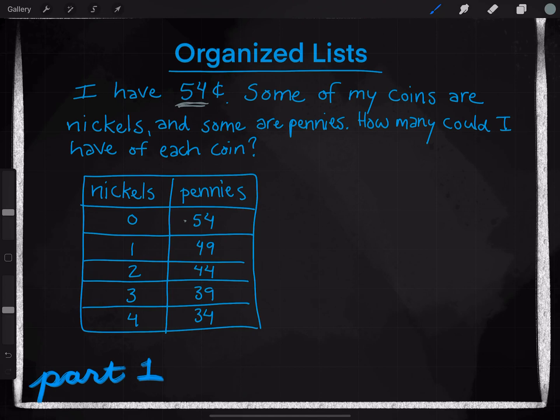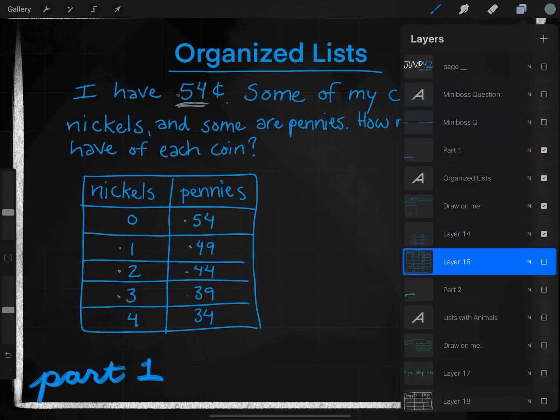But if you have 1 nickel, that means that's 5 cents. So 54 minus 5 cents, you end up with 49 cents left, or 49 pennies left. And you can keep going. If you have 2 nickels, that would be 10 cents. You only have 44 pennies. If you have 3 nickels, that would be 15 cents. So now you only have 39 pennies. And it will go on for a while.